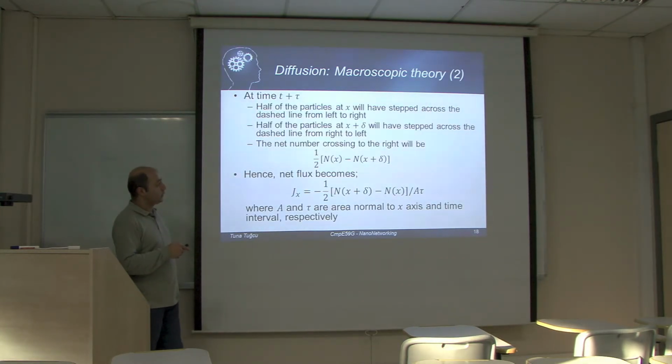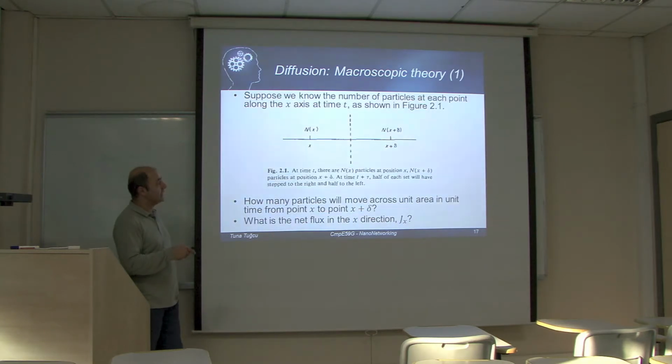And half of those that were previously in here would go here, but some other half would go in here. Okay? So if you're looking at the net flux in this direction, that would be the number of molecules moving from here to here minus those moving from here to here.